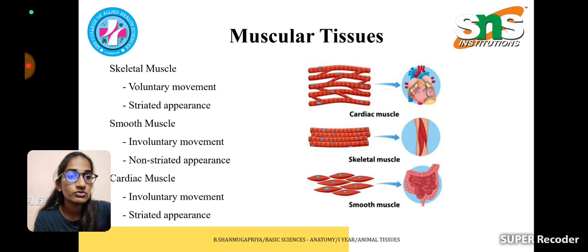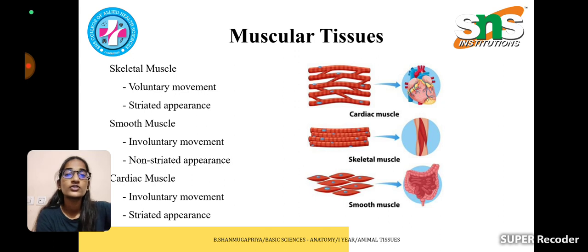When it comes to the skeletal muscle, we can see by the image itself, it is multinucleated, unbranched, striated. And for smooth muscle, these are spindle shaped cells, uninucleated, and unbranched. So this is the description of muscle tissues.